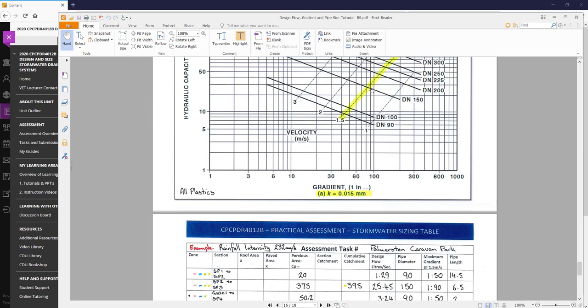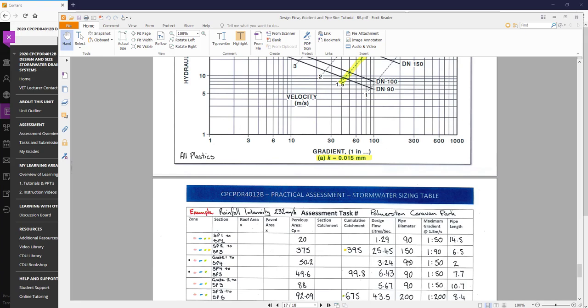That's why I missed it. So between 20 and 30, it's below it. There it is there, 150, because it's 25, so it's below it. So it works out there to be 1:90, which is what we have, and 150 mil pipe. We can see that there. All right.